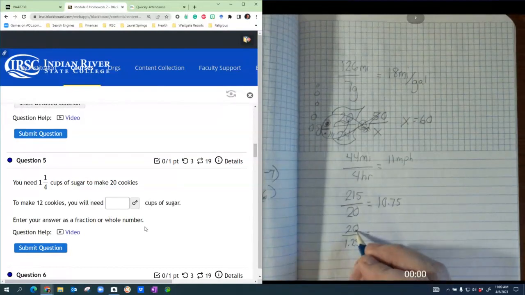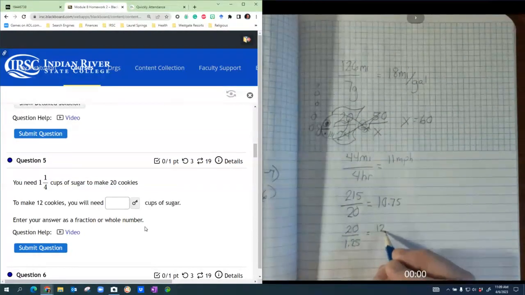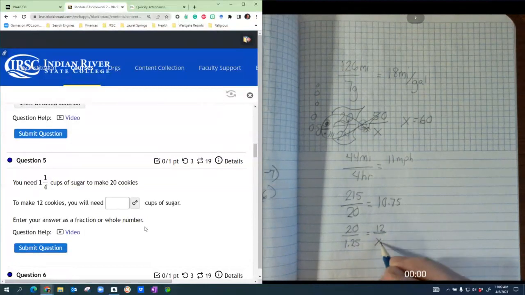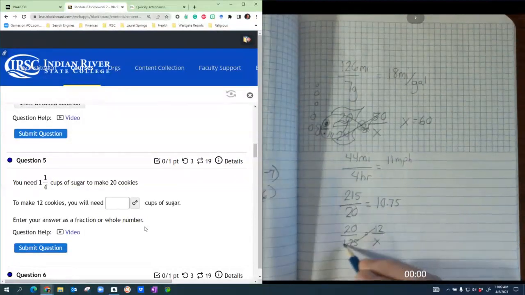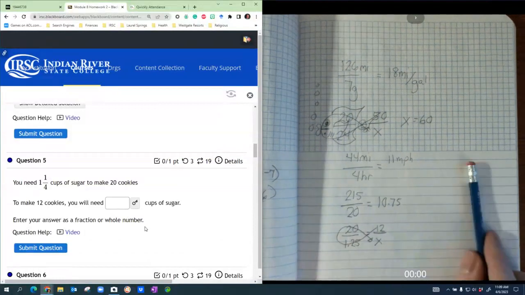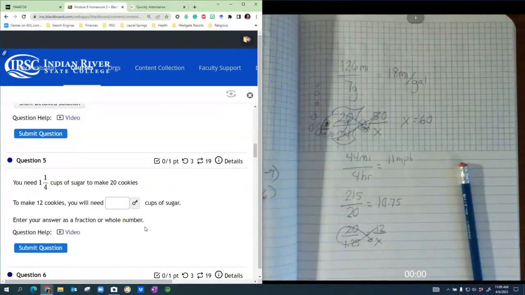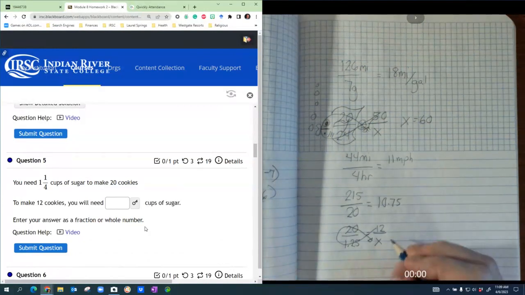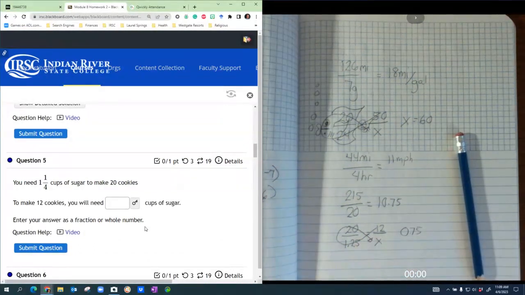We have 20 cookies and it wants to know how many cups it is for 12 cookies. So we cross multiply and divide, and it gives us our fishy again, okay? So you just take your calculator, do 12 times 1.25, and then divide that by 20. And you get 0.75. So 3/4 cup.